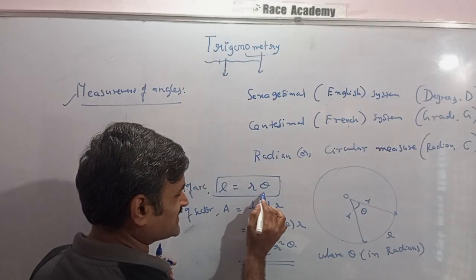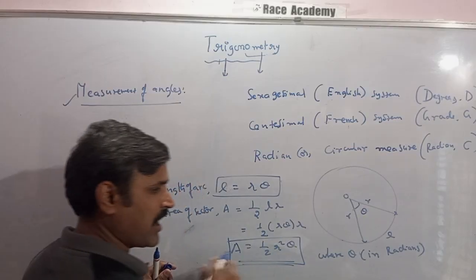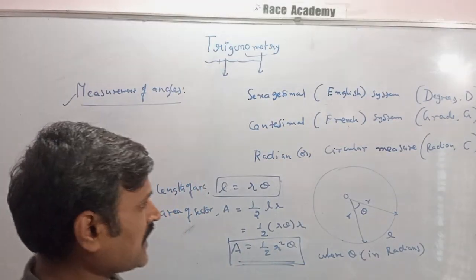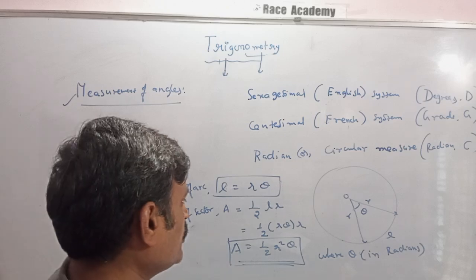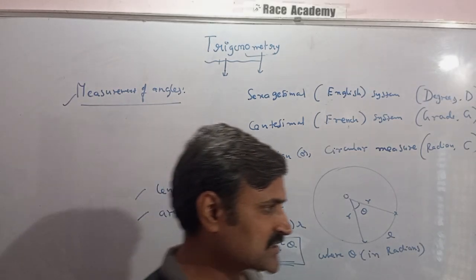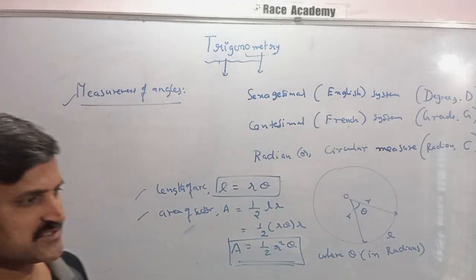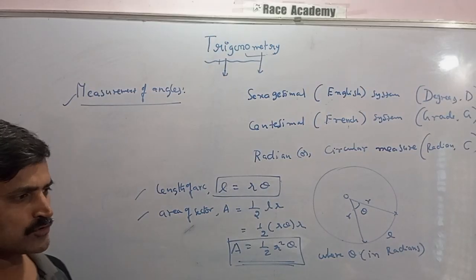After substituting L, you get area equals 1 by 2 R square theta. These two formulas will come in the exam. So prepare L equals R theta and A equals 1 by 2 R square theta, where theta is measured in radians.